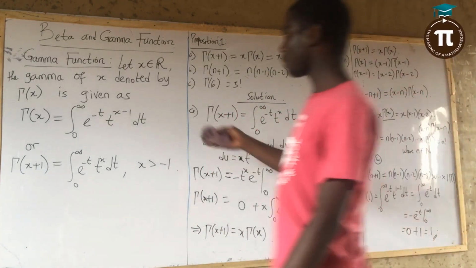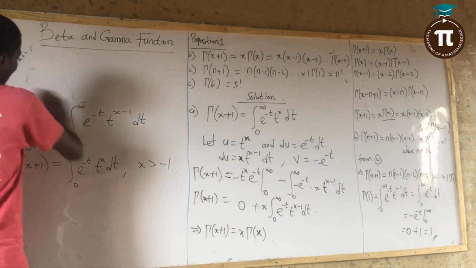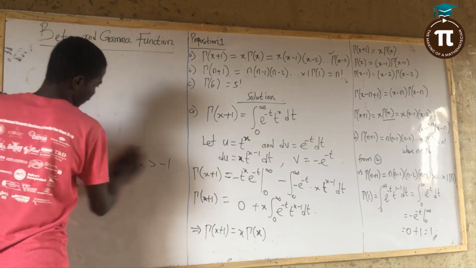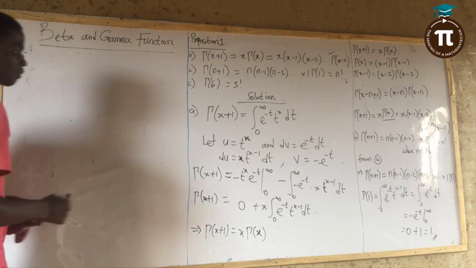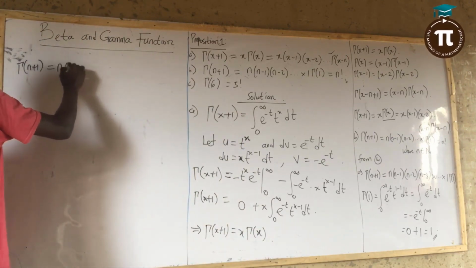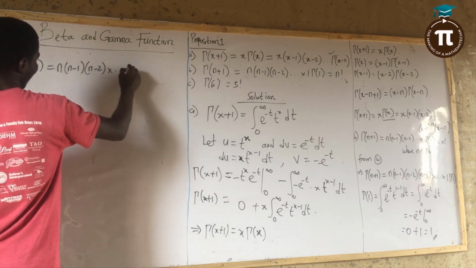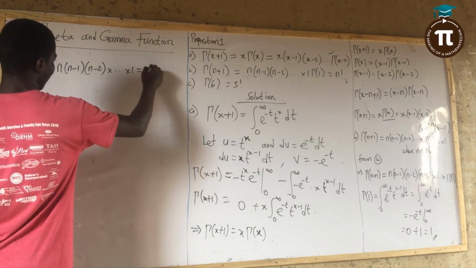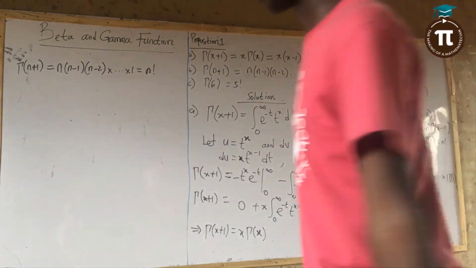So at the end of the day, we have Γ(n+1) = n(n-1)(n-2)... down to 1, and that's exactly n factorial. Γ(n+1) is n factorial.